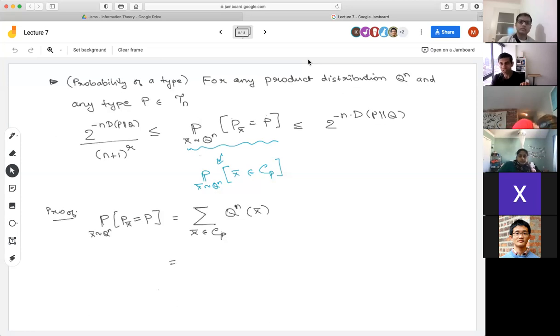Based on what we just saw, the probabilities of all sequences of the same type are the same, so all these terms in the summation are all equal.